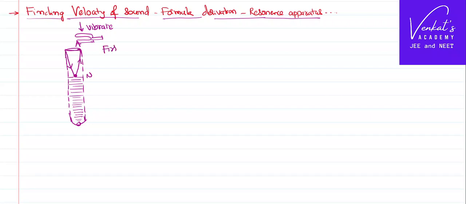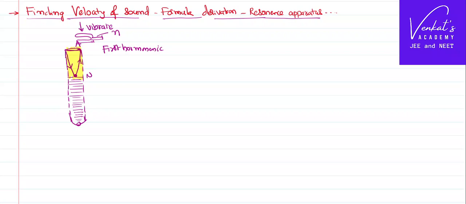During that first harmonic or first resonance, what do we mean by resonance? This tuning fork has the frequency n. The air column above the water also has a certain frequency.